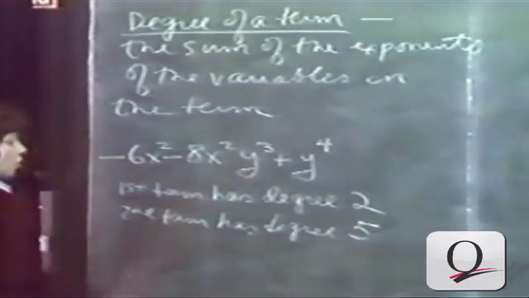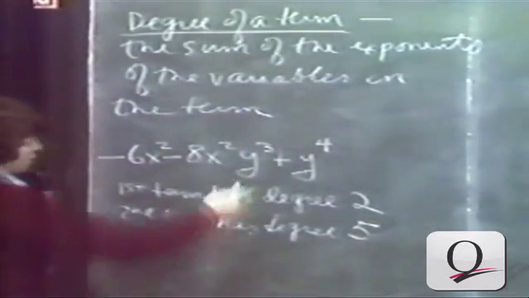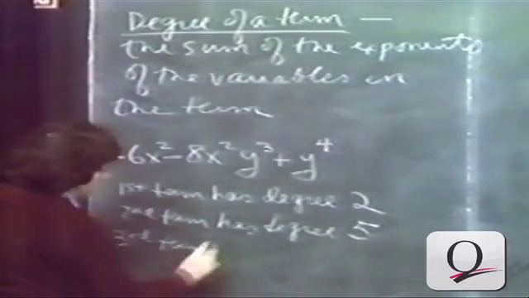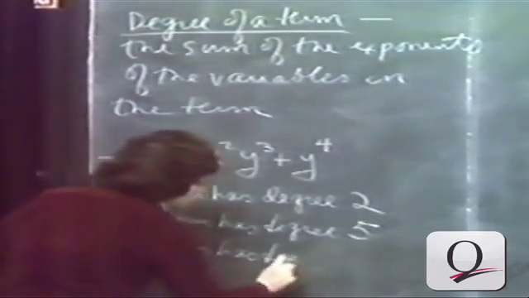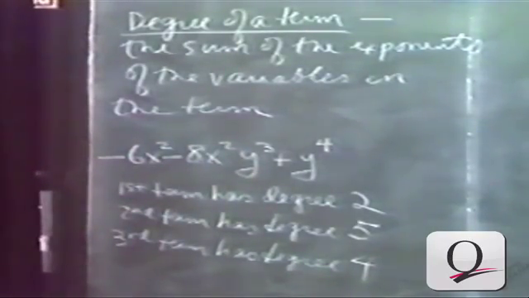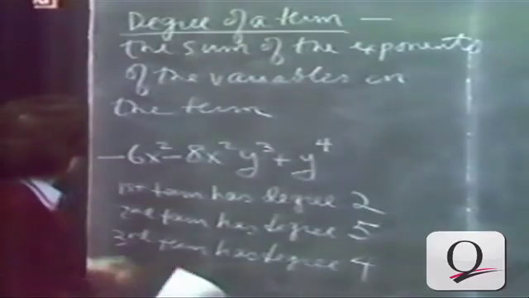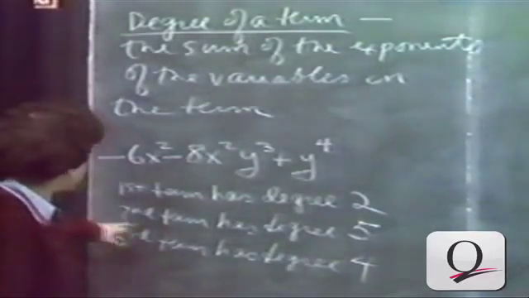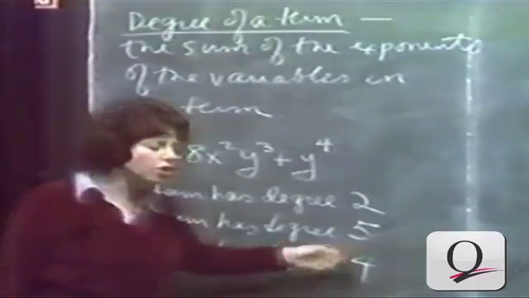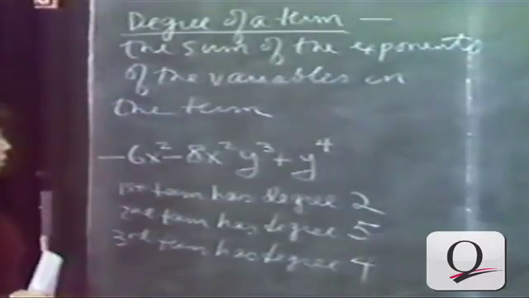And the third term only has the variable y. Its power is 4, so the third term has degree 4. The term of highest degree here is the second term. The second term had degree 5. 5 is also known as the degree of the polynomial.